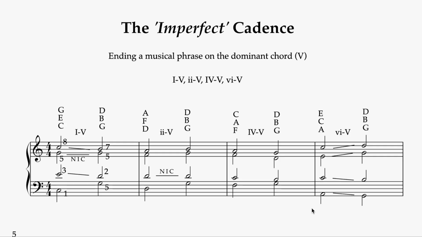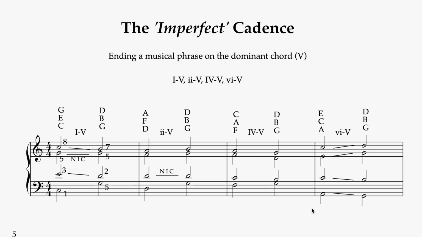So a cadence describes the way a phrase ends, a musical phrase. Some phrases return to the tonic, whereas other phrases might move to the dominant because it's a midway phrase through a section of music.